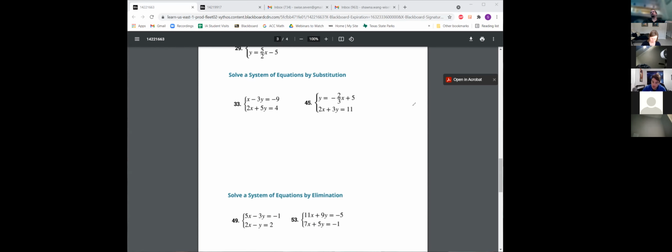I just took the equation from the first line, -2/3 x plus 5, and plugged it in where the y is on the second line. Equals 11.